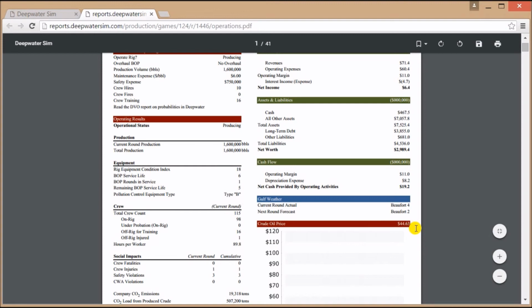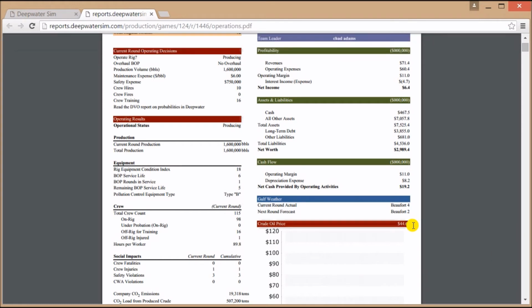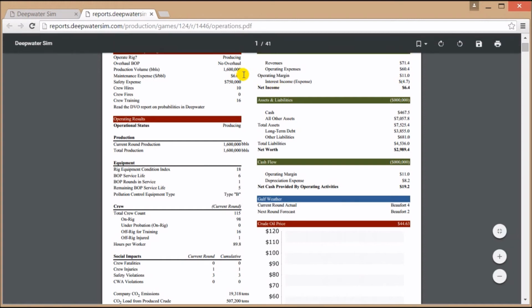Now, as I'm making this video, the oil price is significantly lower. It's down below 30 barrels. Obviously, I don't know what it will be when you watch this video, but this $6.4 million in net income was driven by this level of production and this level in terms of the crude oil price.